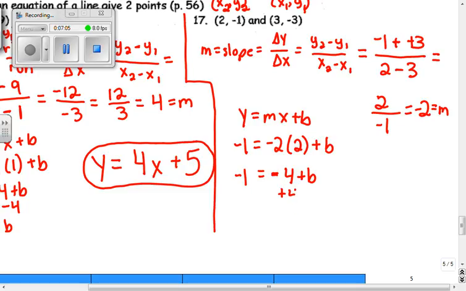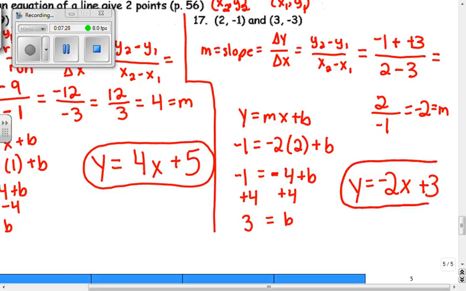I need to add 4 to each side, which says b is positive 3, because negative 1 plus 4 is positive 3. The equation of the line is y equals, my m was negative 2, I have x plus 3. So this should be my final equation. Y equals negative 2x plus 3.